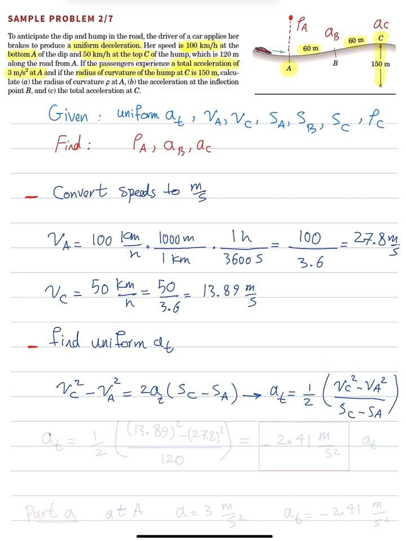We know those numbers, so we get a value for AT. So VC was, VA is 27.8.